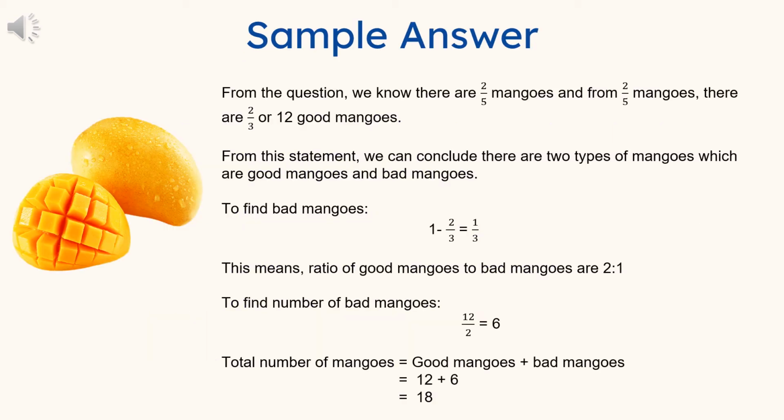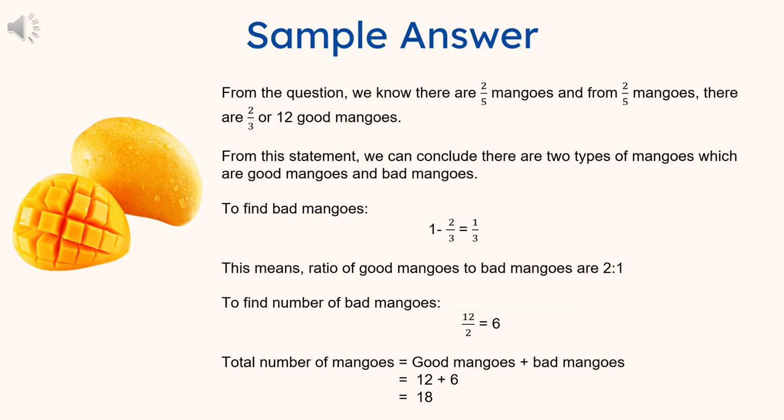Simple answer. From the question, we know there are 2/5 mangoes, and of the mangoes, 2/3 or 12 are good mangoes. From this statement, we can conclude there are 2 types of mangoes, which are good mangoes and bad mangoes. To find bad mangoes, all mangoes minus good mangoes.